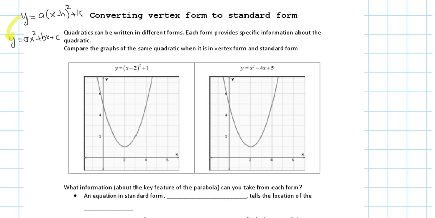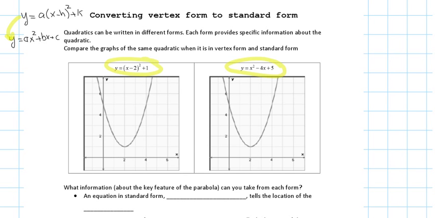I entered two different equations into Desmos but ended up with the same graph, which means the two equations are exactly the same thing, except one is written in vertex form and the other in standard form.